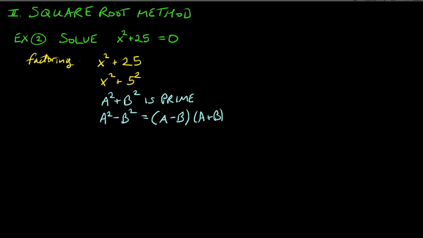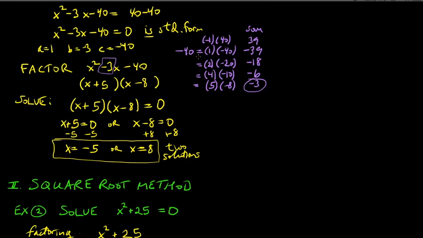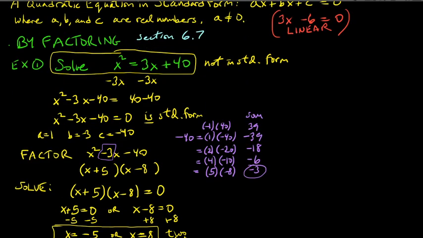As I said earlier, this method of factoring doesn't always work. Up until now, it has always worked because we weren't trying to trick you. We're not giving you trick questions where the equation is not factorable. In other words, if this form was not factorable, you would simply give up and say, I don't know how to do it.